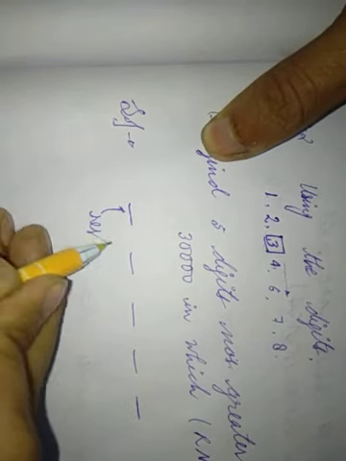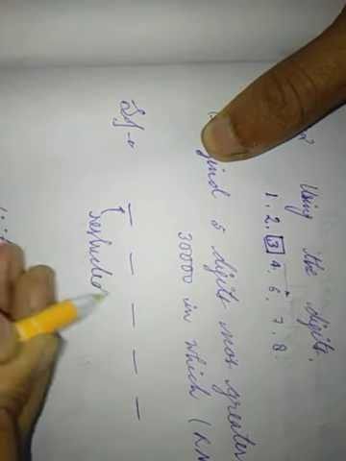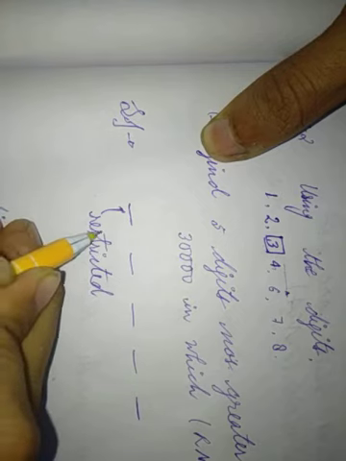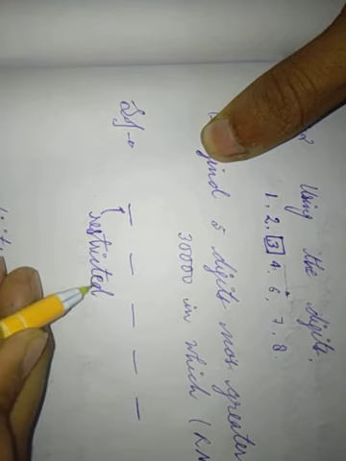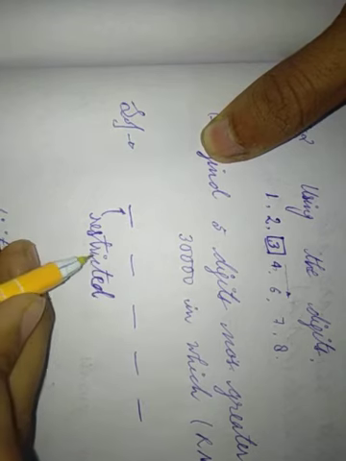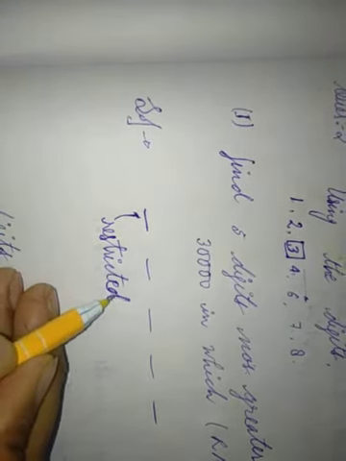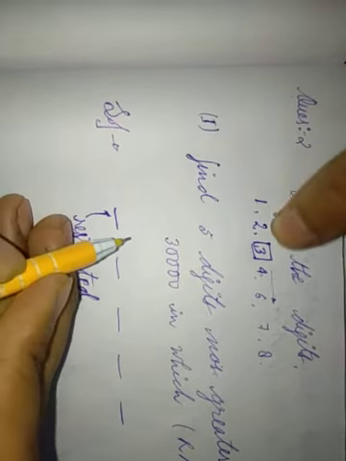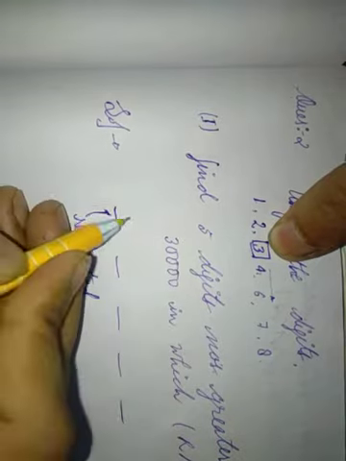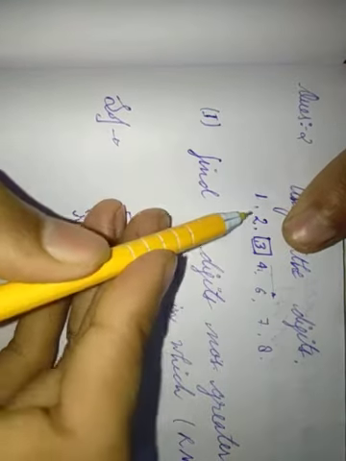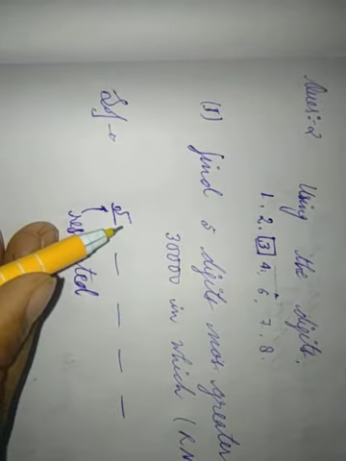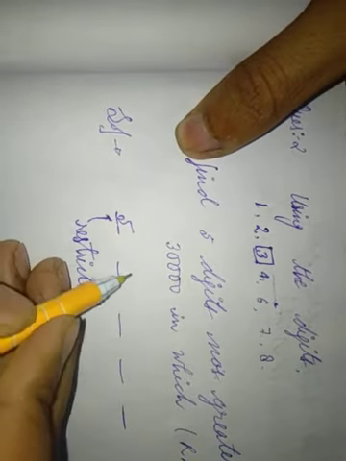So in this case also the first box is restricted because we know that, and if any box is restricted we are going to fill that box first. In this case the first box is restricted, so we fill the first box first. The choices are 3, 4, 6, 7, 8, which is 5 ways, and here the total numbers are 7, so one number is used, in which repetition is not allowed.